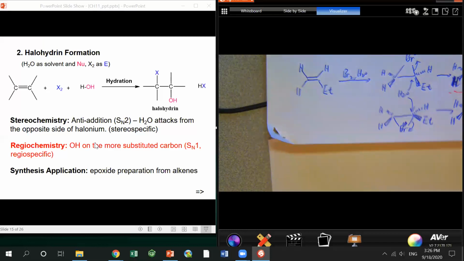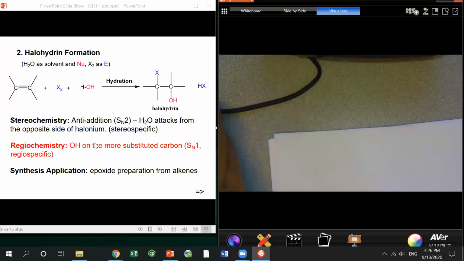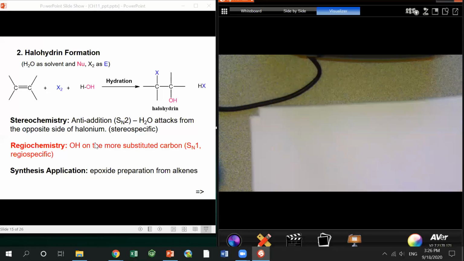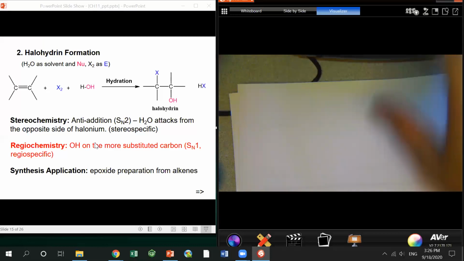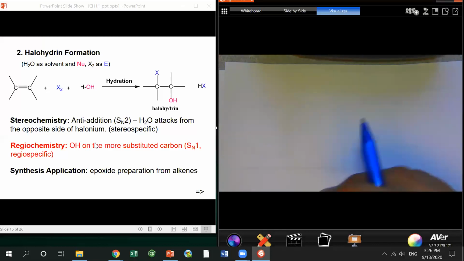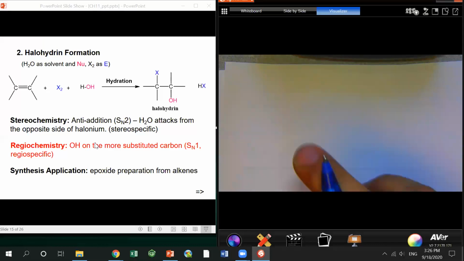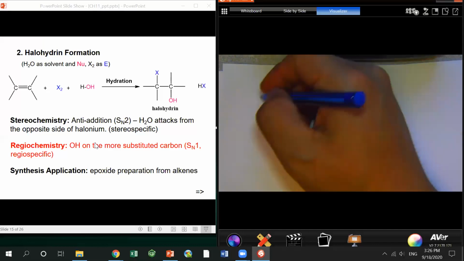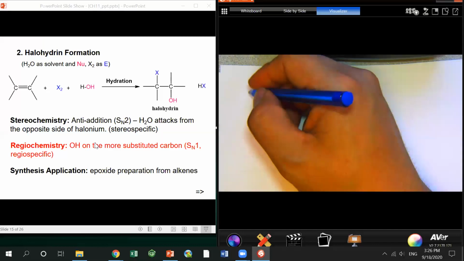Remember, an epoxide is a three-membered ring with the oxygen inside. Because this reaction naturally generates an anti arrangement of OH and Br, it can immediately go to a ring-closing reaction. Let me give you one example.